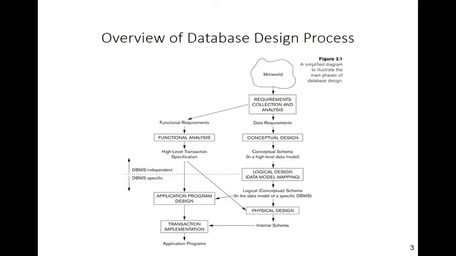So to decide which one is going to best fit, you have to do all the things at the top to then say there should be a step in there, and that logical design, or my data model mapping, is what database management system am I going to map this to that is going to give me the best result.